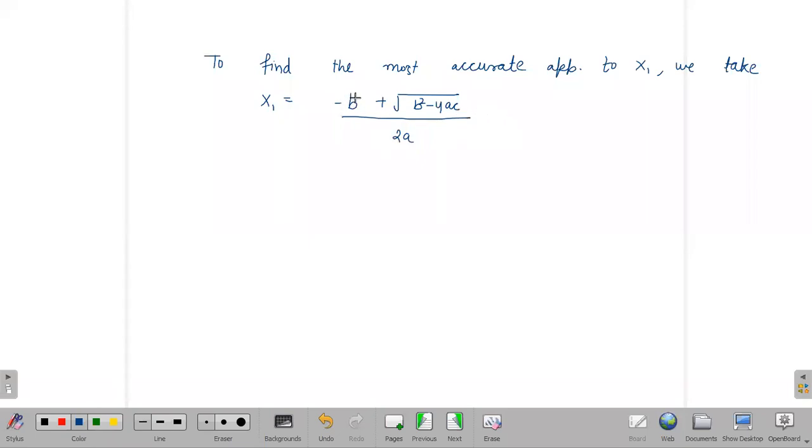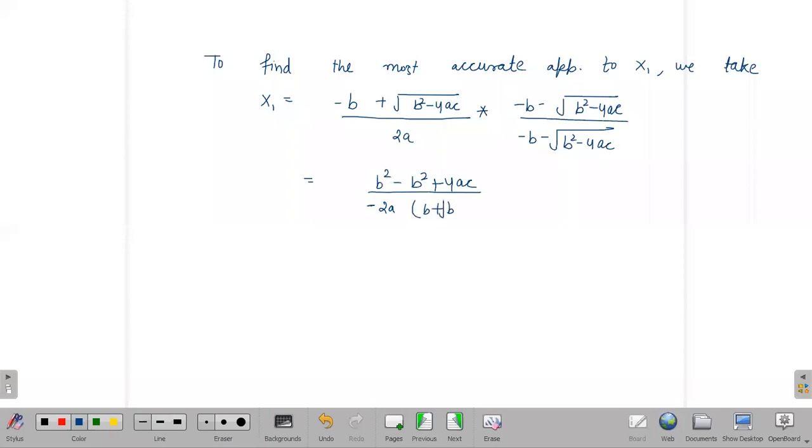Now rationalizing, because these are two nearly equal numbers, we multiply by minus b minus square root of b square minus 4ac over minus b minus square root of b square minus 4ac. Rationalizing gives you b square minus b square plus 4ac divided by 2a into minus b minus square root of b square minus 4ac. That is minus 2c divided by b plus square root of b square minus 4ac.